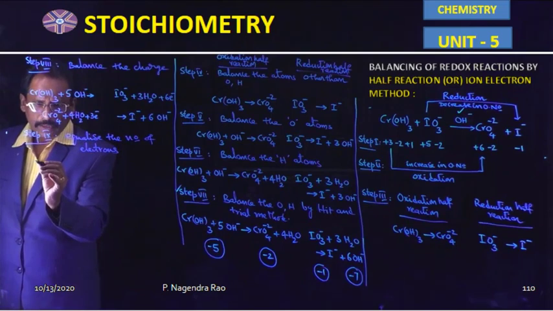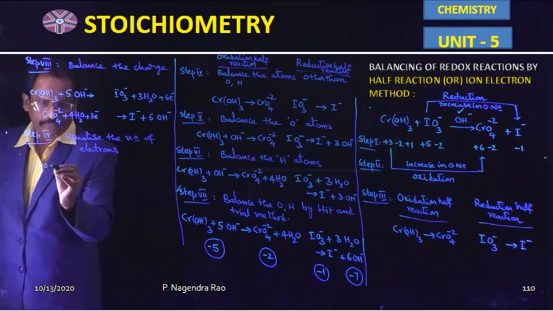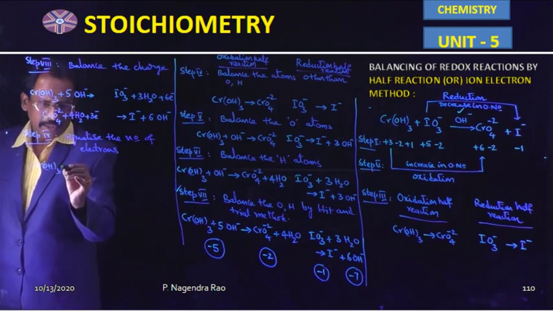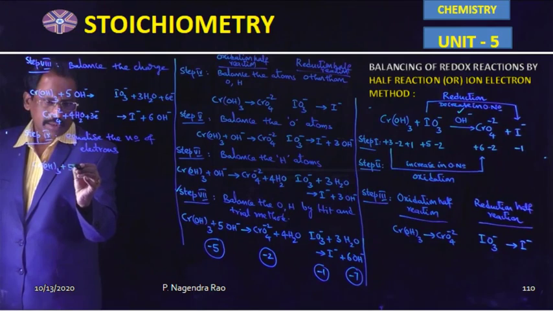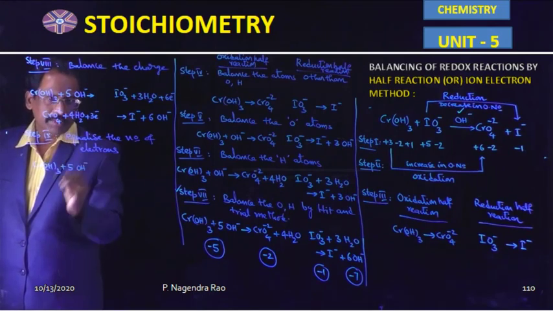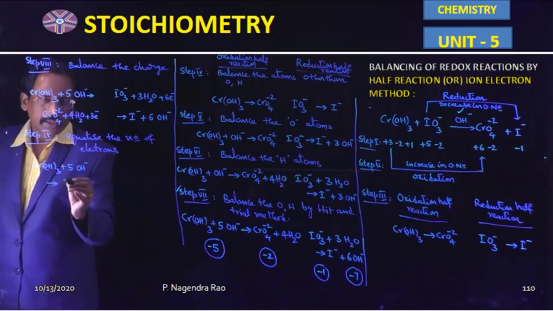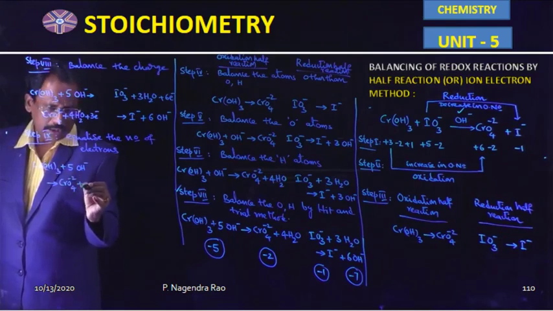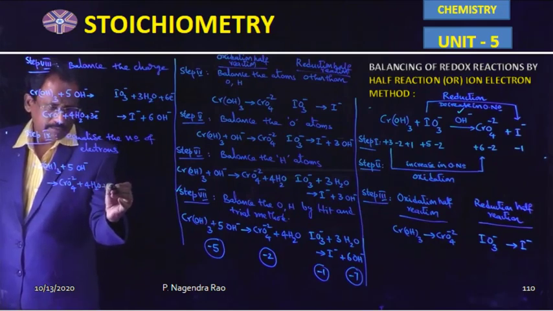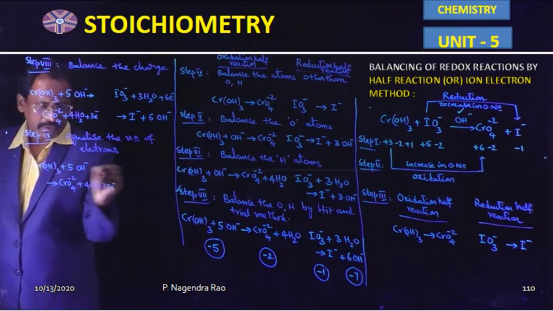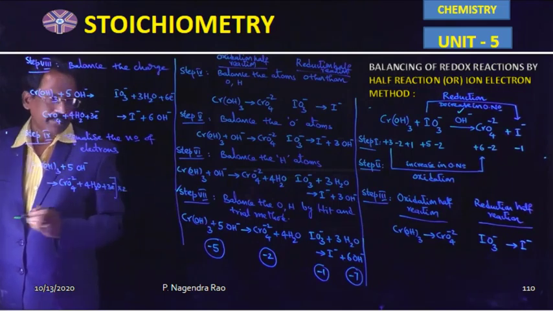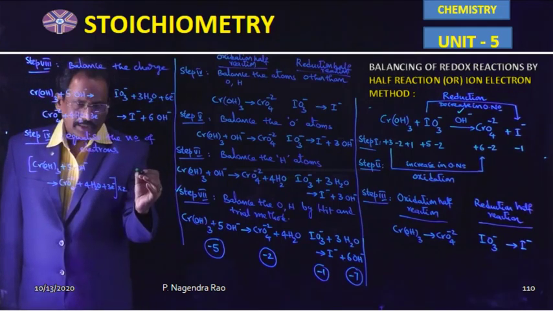So Cr(OH)3 plus 5 OH⁻ gives rise to CrO4²⁻ plus 4H2O plus 3 electrons, into 2, and this is into 1.